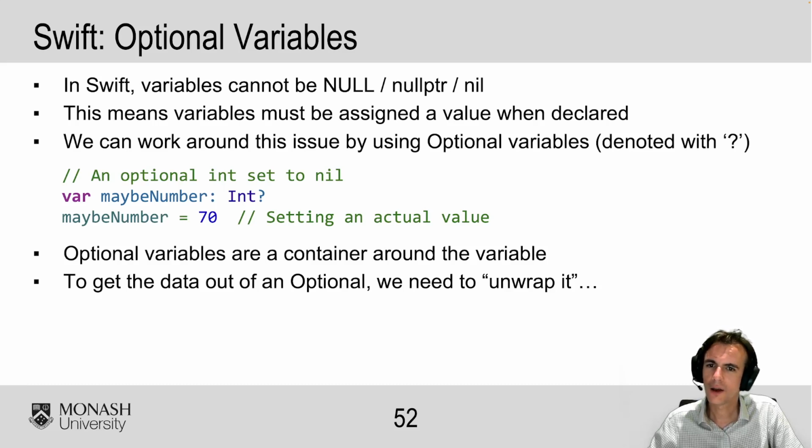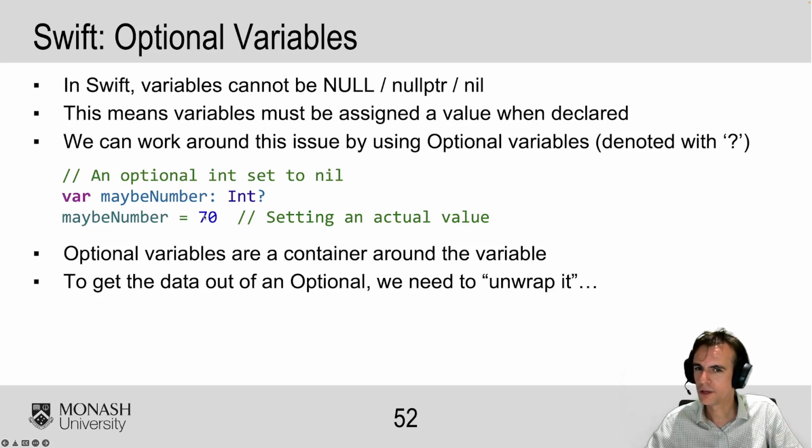But the way of dealing with this in Swift is we have what are called optionals, optional types. And optional types are denoted with a question mark. So here, this variable, maybeNumber, is an optional Int. And what this means is that either this variable has no value, in which case it's nil, or it has an integer value.